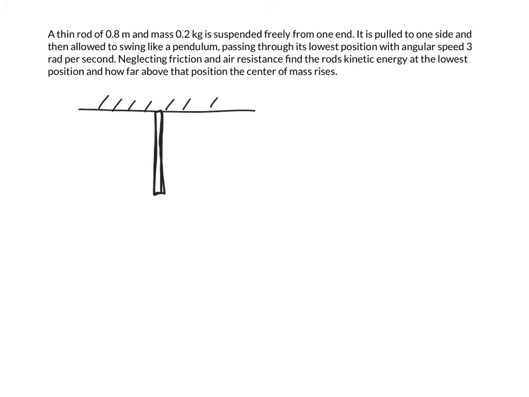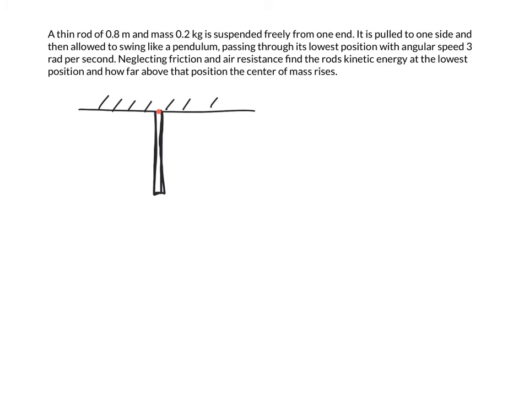At the top, I'm going to put a little red dot here to show that it's suspended from that end, because the next part says it is pulled to one side and then allowed to swing like a pendulum. So there's got to be a fulcrum right there, or some sort of pivot point, an axis of rotation at the top. Passing through its lowest position with angular speed 3 radians per second.